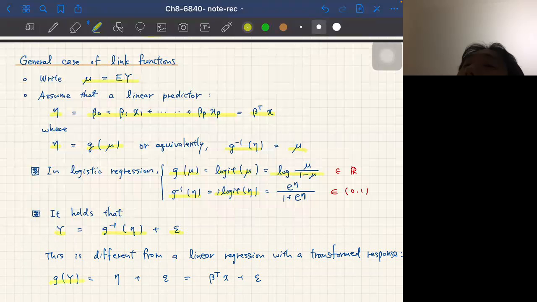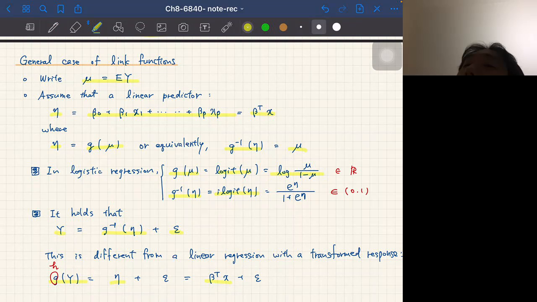So if we transform y by a function, not g but just any function, maybe we say h, then h of y is equal to eta plus epsilon, where eta is just a linear combination of predictors. That is often used in practice, but this is slightly different.